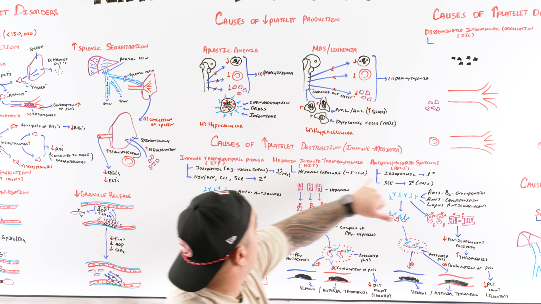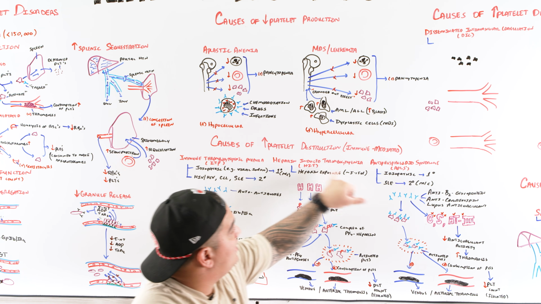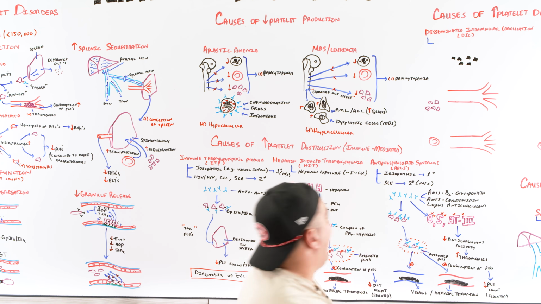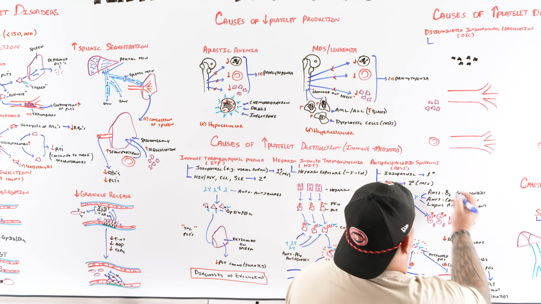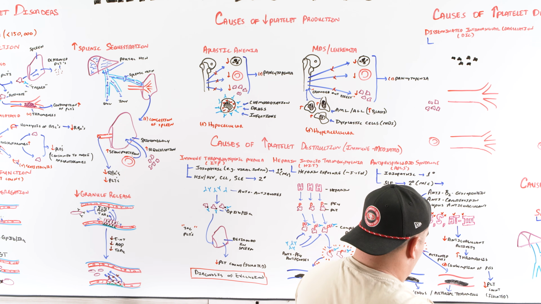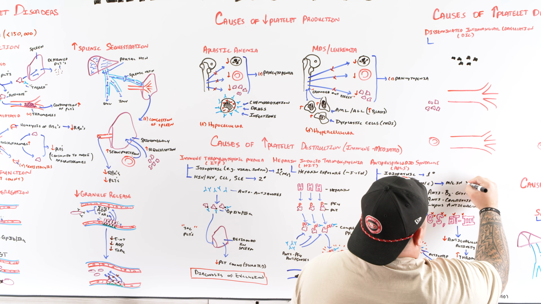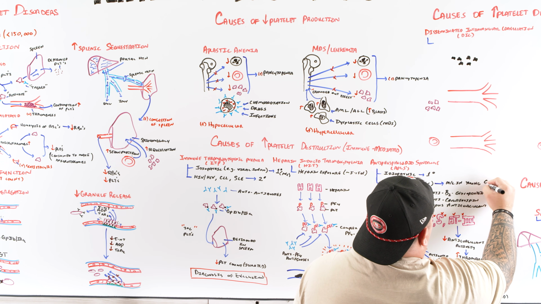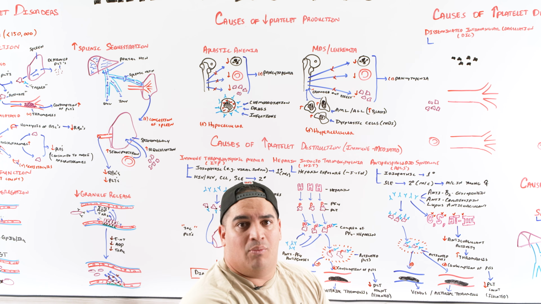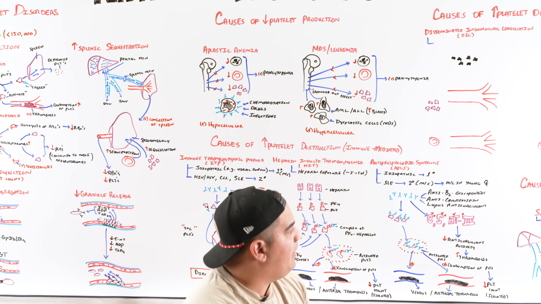Now, differences here between a lot of these is that antiphospholipid syndrome is heavily associated with females. So epidemiologically, this is more common in young females. Very, very common. We don't see this often in males.